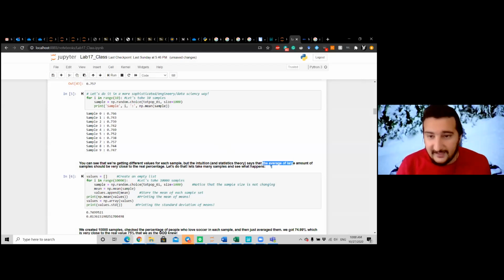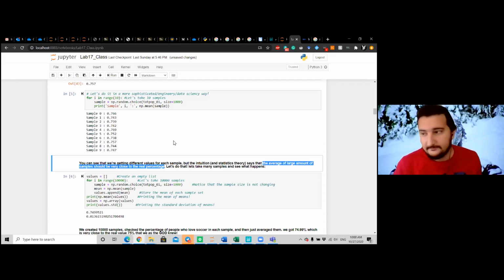This one. The average of large amount of samples should be very close to real percentage. So if you want, you can unmute yourself or you can type your opinion in the chat box.